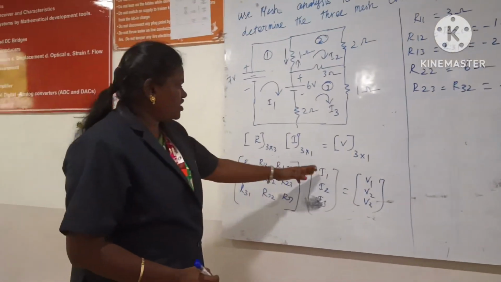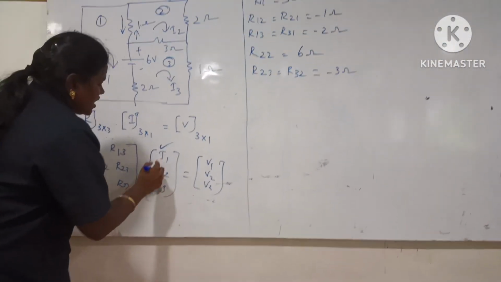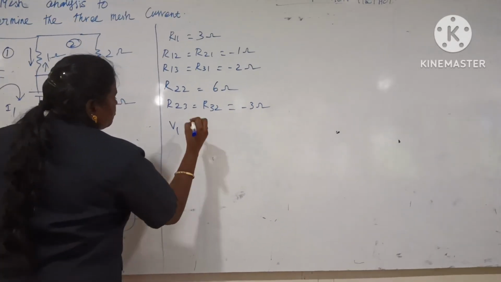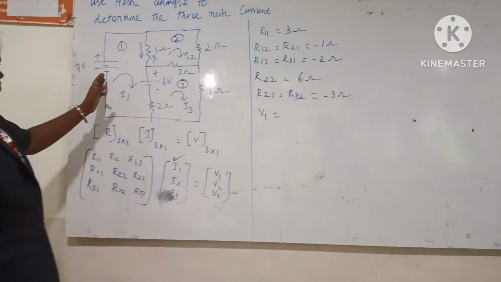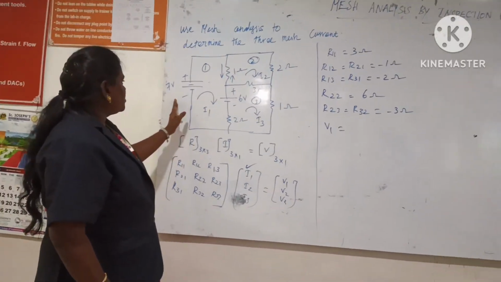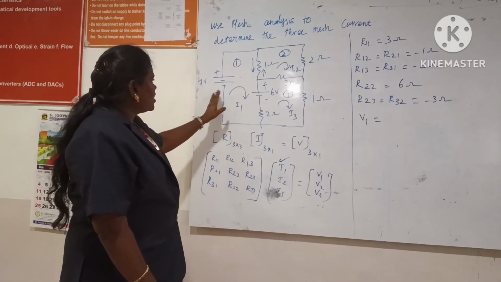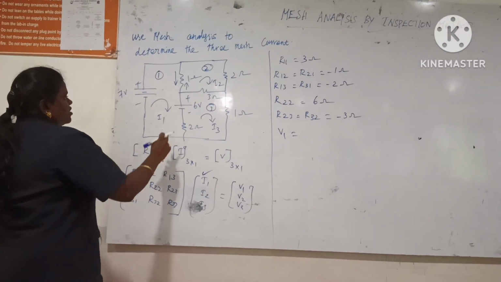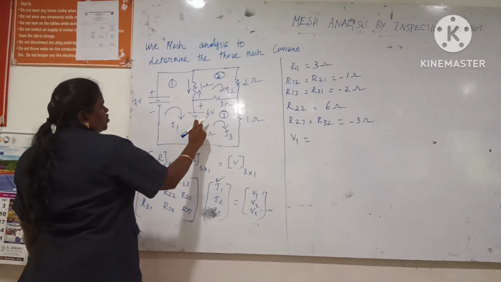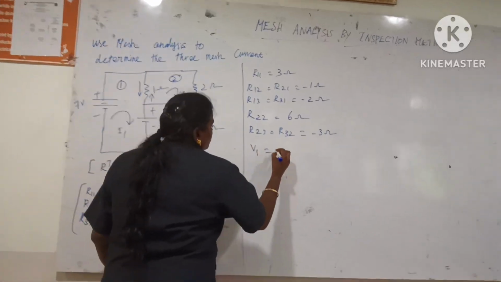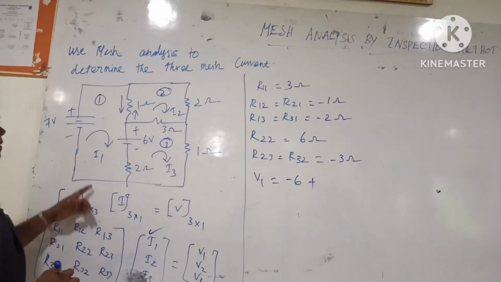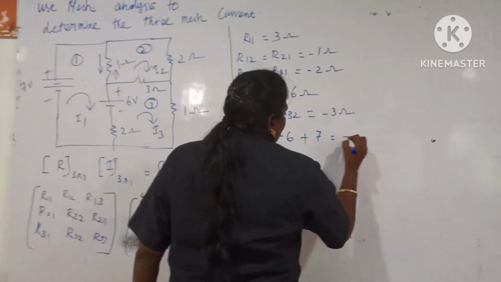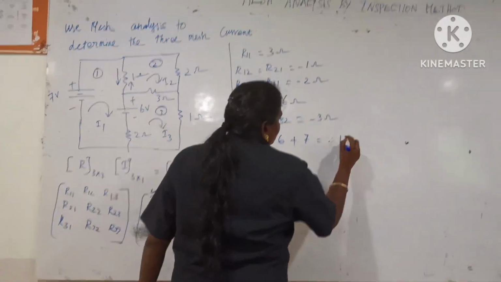Next, the current equation to find the mesh currents I1, I2, I3. First, the voltage equation V1. Two batteries are considered in loop 1, the 7 volt and 6 volt batteries. This one is positive to negative, so minus 6 volt, then minus 2 positive 7 volt, so plus 1 volt.